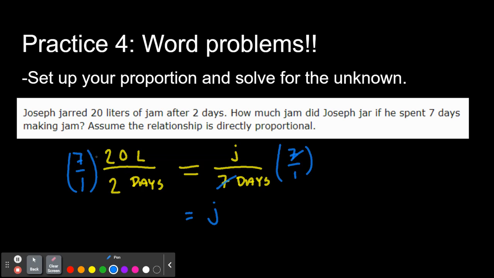And on this side here, this will reduce down. We got 10 liters for every one, and we get 70 liters of jam. Joseph jarred 70 liters of jam in 7 days. That's a lot of jam, guys.